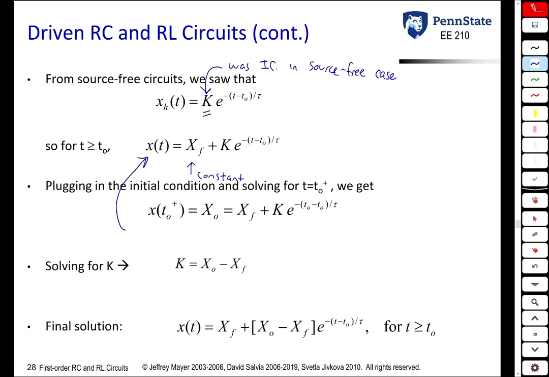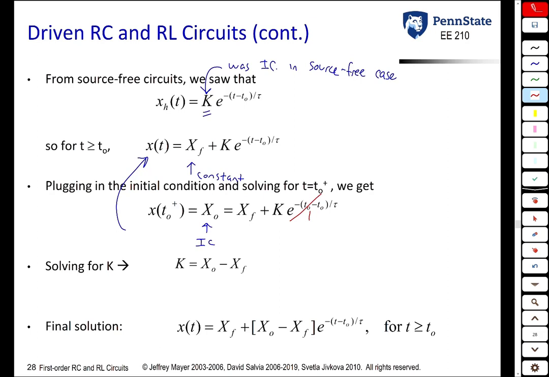If we plug t equal t0 into that equation there, we see x of t0 plus equals x0. This is our initial condition, which equals x sub f plus k e to the minus t0 over tau. Of course, e to the 0 is always 1.